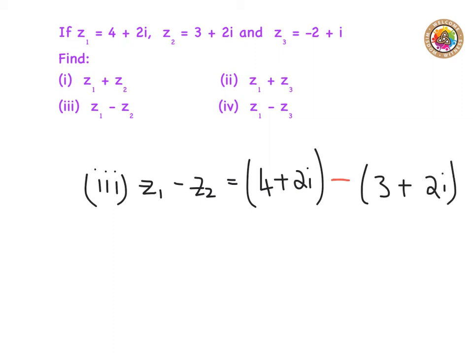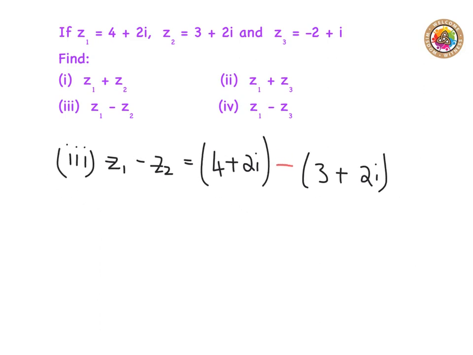Okay, and so just before we do anything with this, we want to deal with, of course, our minus sign here. So rewriting that again, z1 remains as 4 plus 2i, and now minus by 3, well, that's minus 3, and minus by plus 2i is minus 2i.